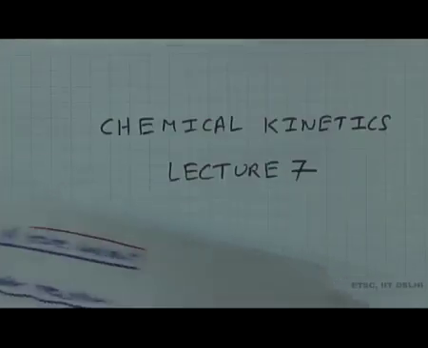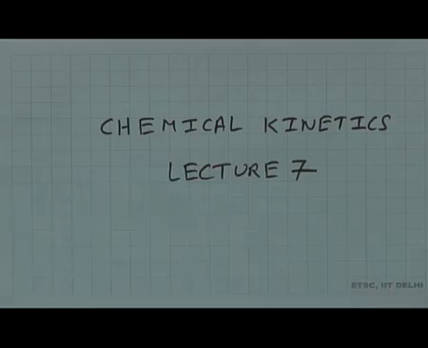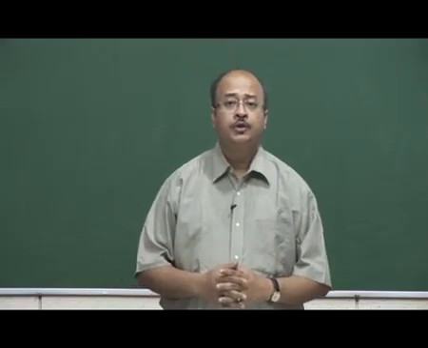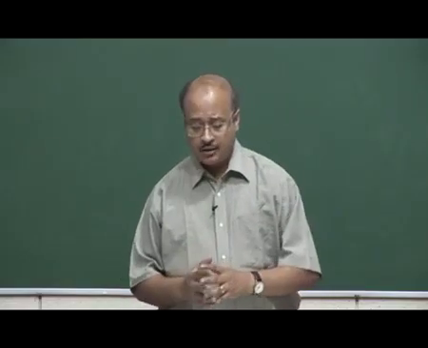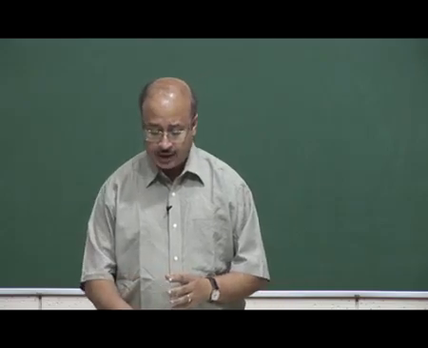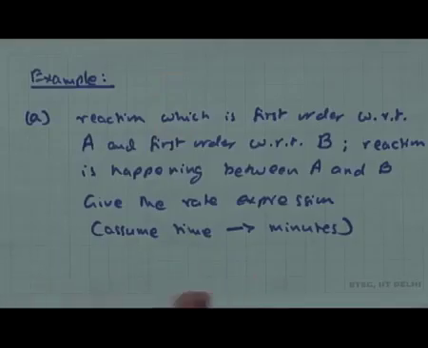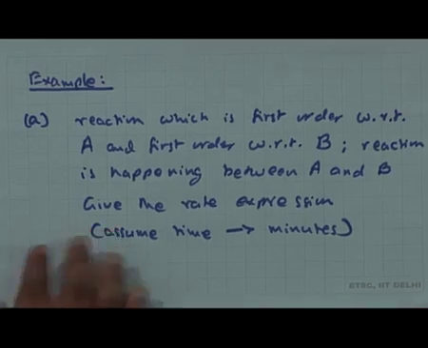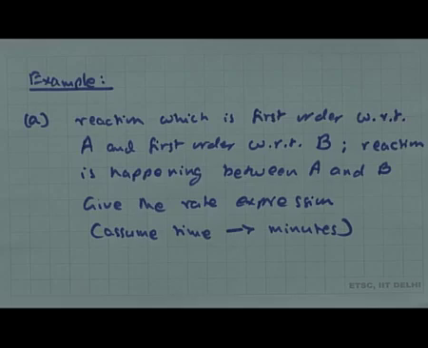We did a very quick example, where you are given a reaction in which both A and B are involved as the reactants, and it is told to you that the reaction is first order with respect to A and first order with respect to B. Can you write the rate expression? You assume the time to be in minutes.